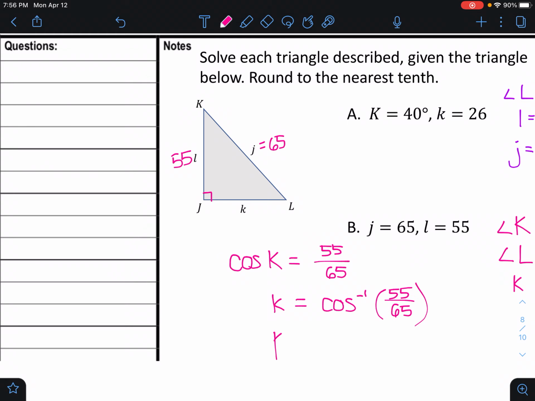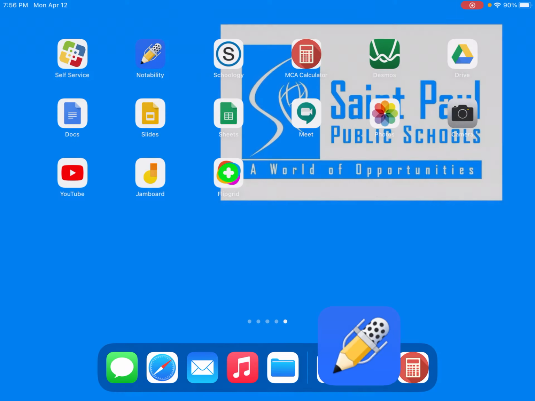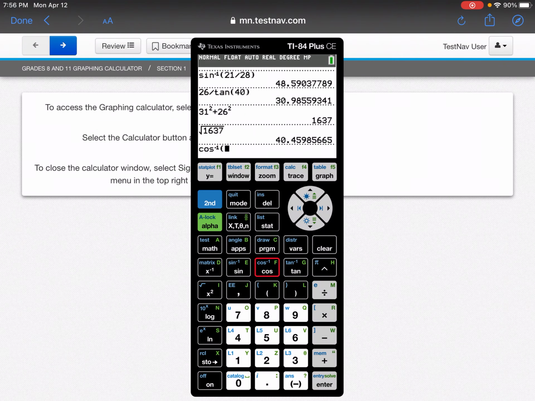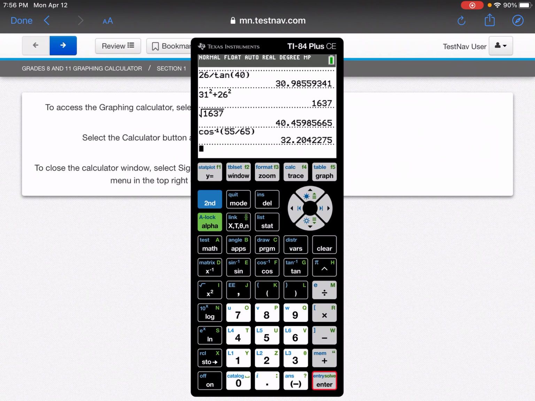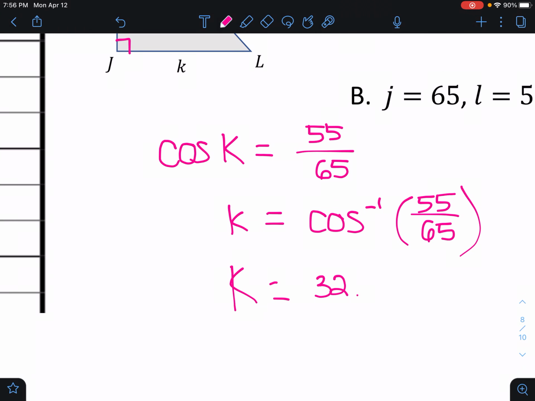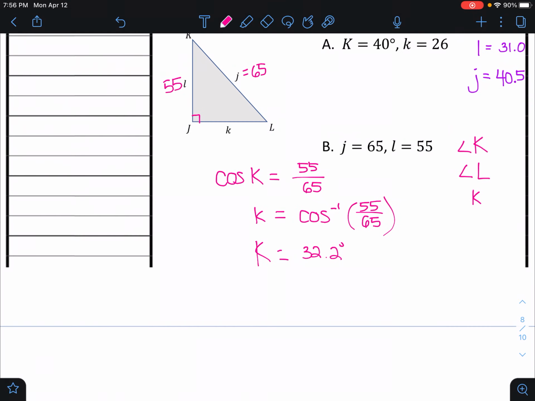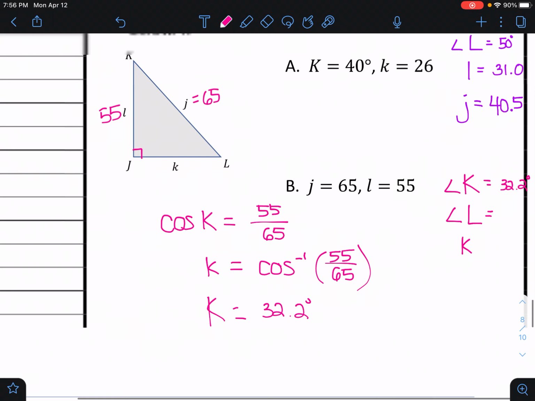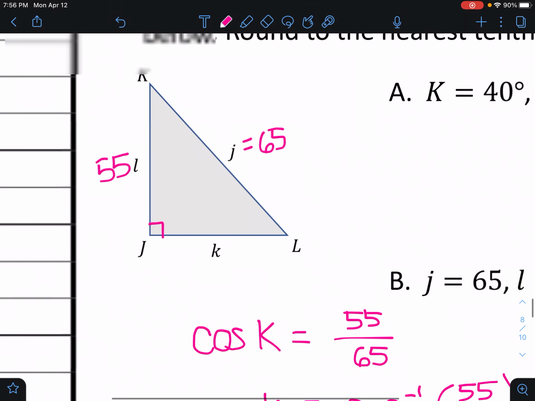Okay, let's see what we get. Angle K then, remember this is the angle, so it's going to have degrees on it. So inverse cosine 55 divided by 65, I get 32.2 degrees. All right, so now I know angle K. Now L, I can find by saying, all right, if this is 32.2 degrees, then add it to 90 and then take that away from 180, right?